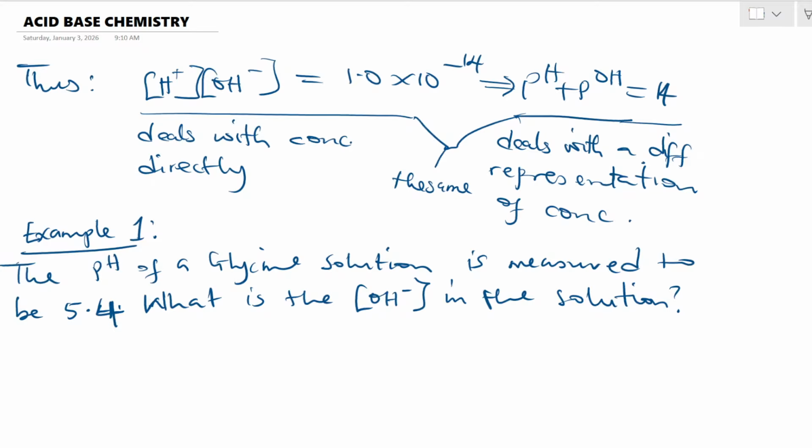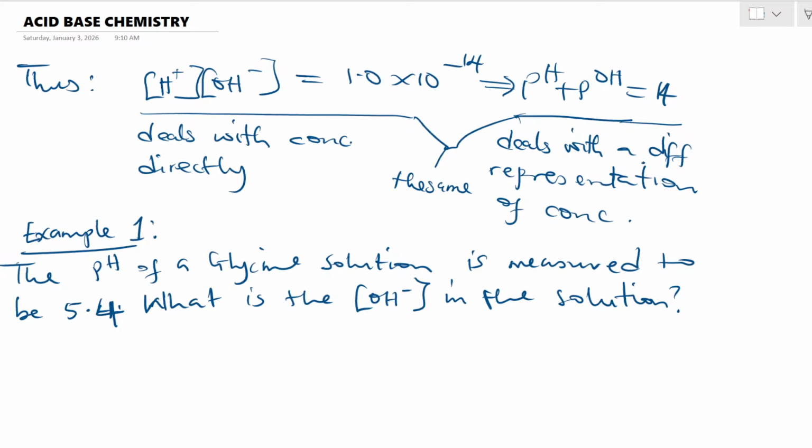Basic. So this aspect deals directly with concentration, which is the concentration of hydrogen ion or hydroxide ion concentration. The other aspect deals with a different representation of concentration that is directly related to what?